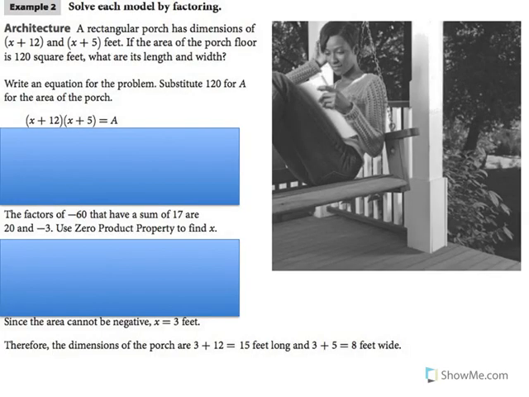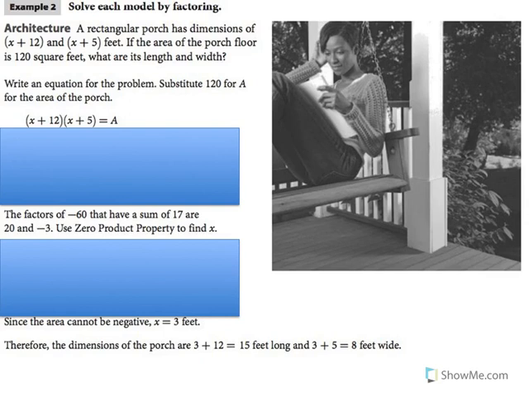A rectangular porch has dimensions of quantity x plus 12 and quantity x plus 5 feet. If the area of the porch floor is 120 square feet, what are its length and width? Write an equation for the problem. Substitute 120 for A, the area of the porch.